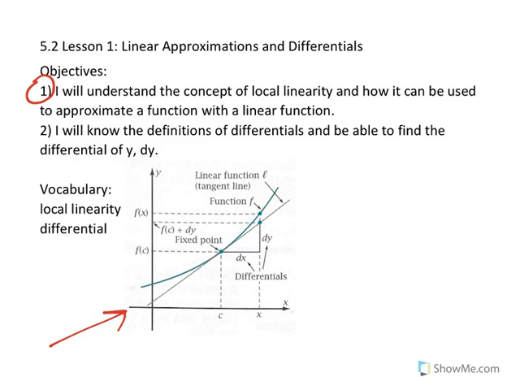So just like we saw in example 1, we have some function f, and in this general diagram, the graph of f is represented by this green curve. And it is going to be approximated by a tangent line, which I will now shade in blue, at the fixed point that is marked at x is equal to c.